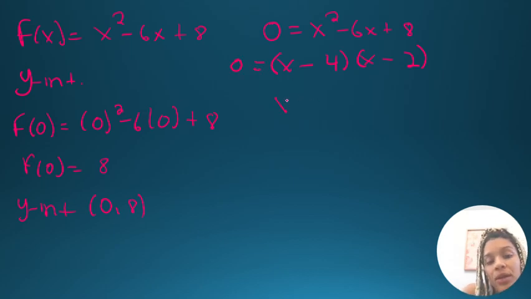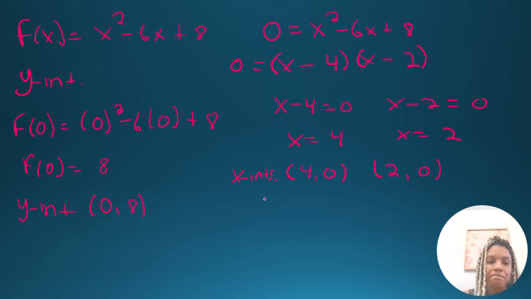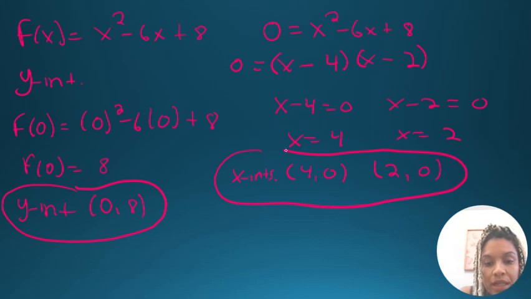Now I am solving for x, so I'm going to set each set of parentheses equal to 0 and solve. So I have x equals 4, x equals 2. So I have 4, 0, and 2, 0. Those are my x-intercepts. Okay? So this is my y-intercept and my two x-intercepts. And I solved this by factoring.